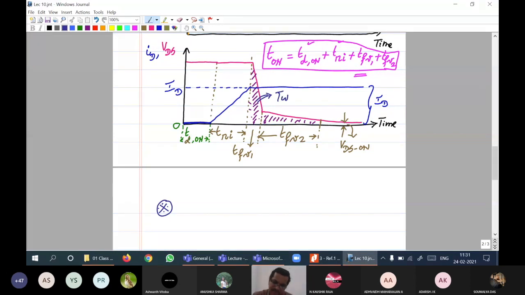Because the rest of the portion you don't have anything. See, during TD on ID is 0, no power loss. From TRI till TFV2, you have power dissipation. So this region also contributes to the turn on power loss.